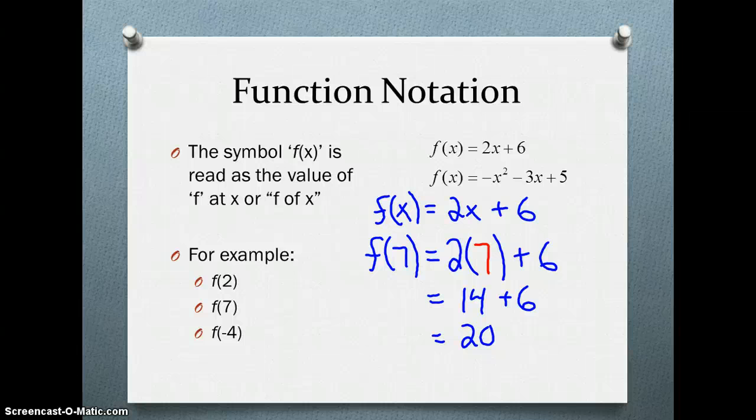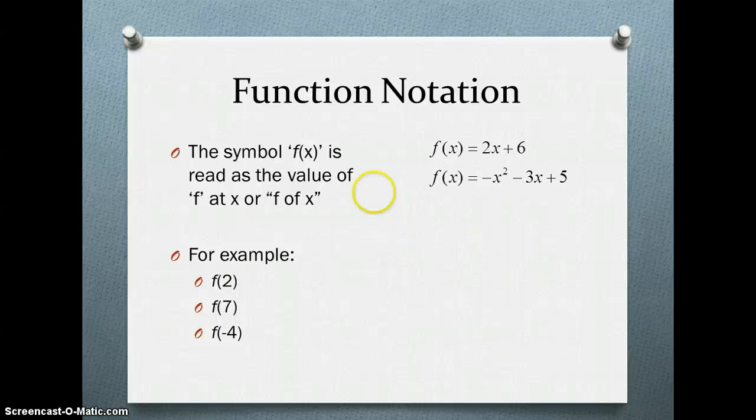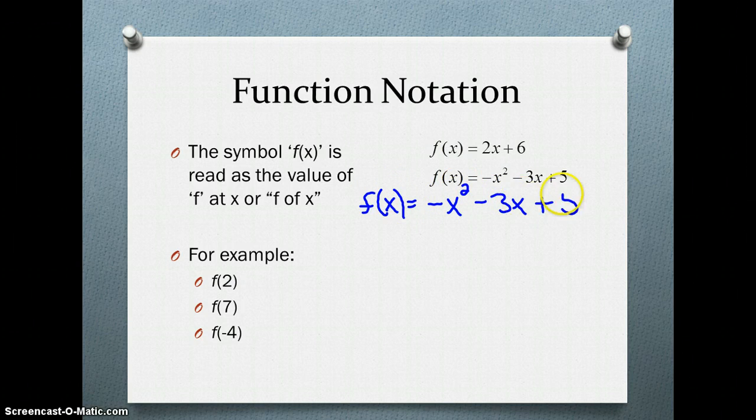Going to show us one more. We're going to use that other function up there. This time we have f of x equals negative x squared minus 3x plus 5. This time we're going to find f of negative 4.